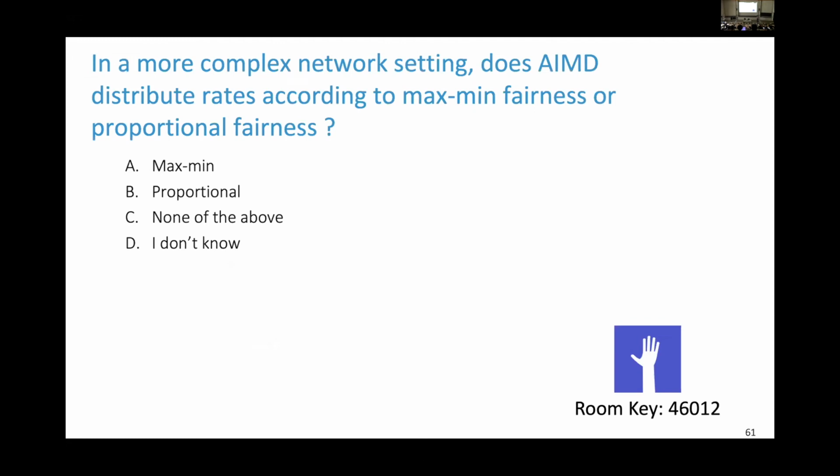Well, so we talked about max-min fairness, and we talked about proportional fairness. Now I'm asking you, if I implement AIMD, what form of fairness will I achieve?